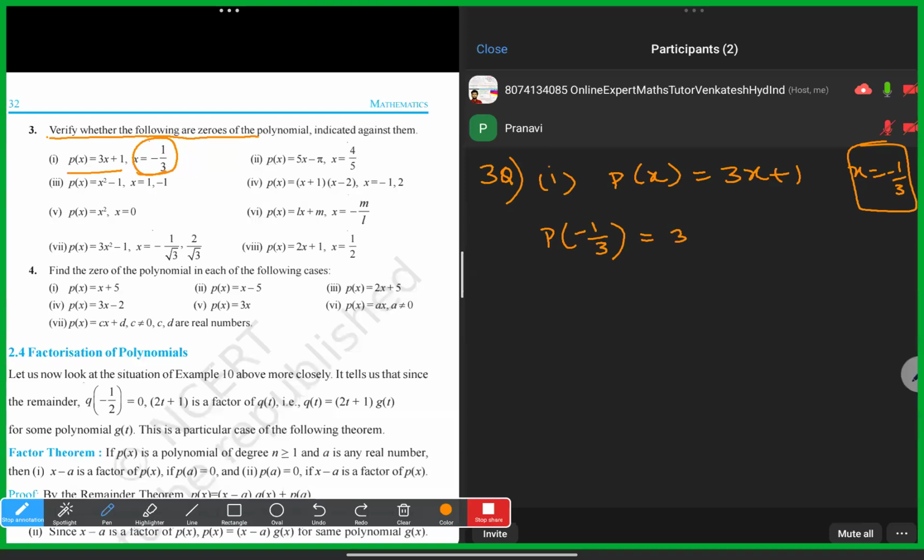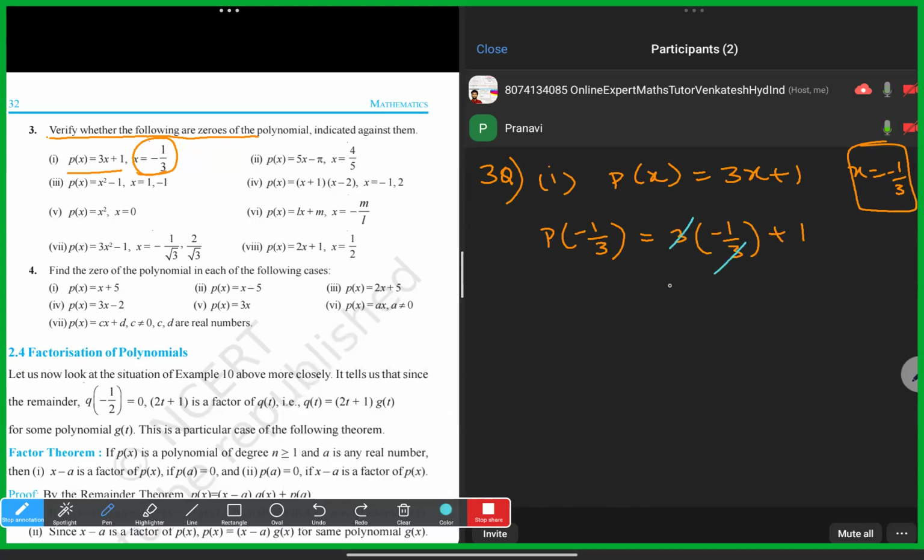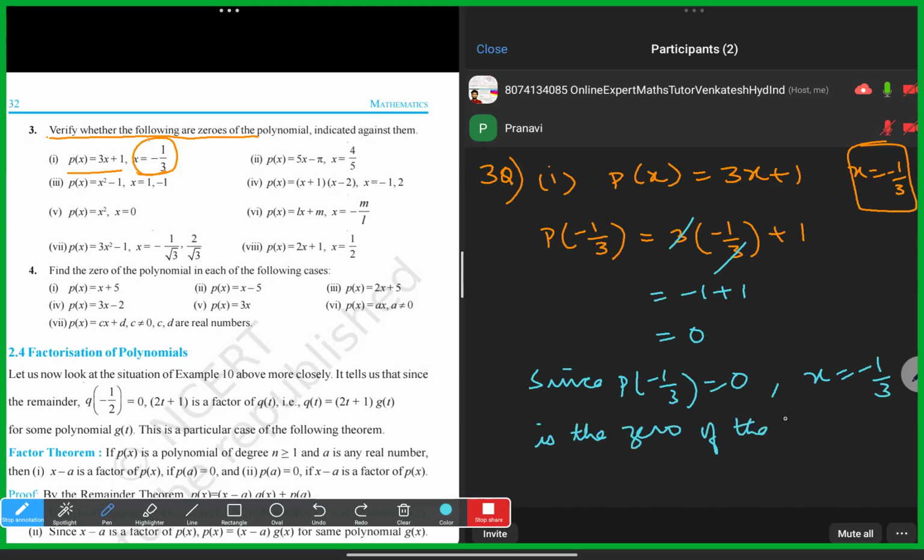Wherever x is there, I have to substitute: 3 into minus 1 by 3 plus 1. The 3s get cut. Yes. So it's minus 1 plus 1, 0. So since p of minus 1 by 3 is equal to 0, x is equal to minus 1 by 3 is the zero of the polynomial.